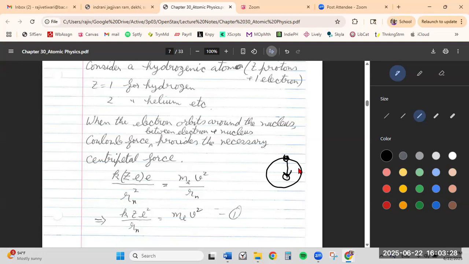In the case of an atom, remember, this is the positively charged nucleus, this is the negatively charged electron, and we know that opposite charges attract according to Coulomb's law, and the force between them is given by the Coulomb force. So that's what provides the necessary centripetal force.